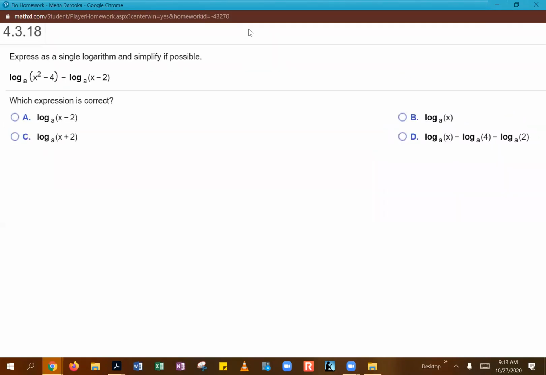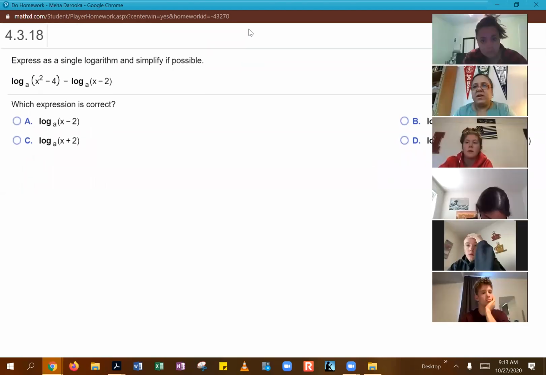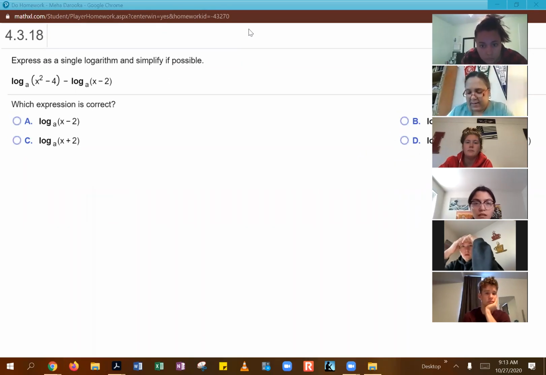Okay, what do you think for this one? A, B, C, or D? Which one would you go for using the quotient rule?